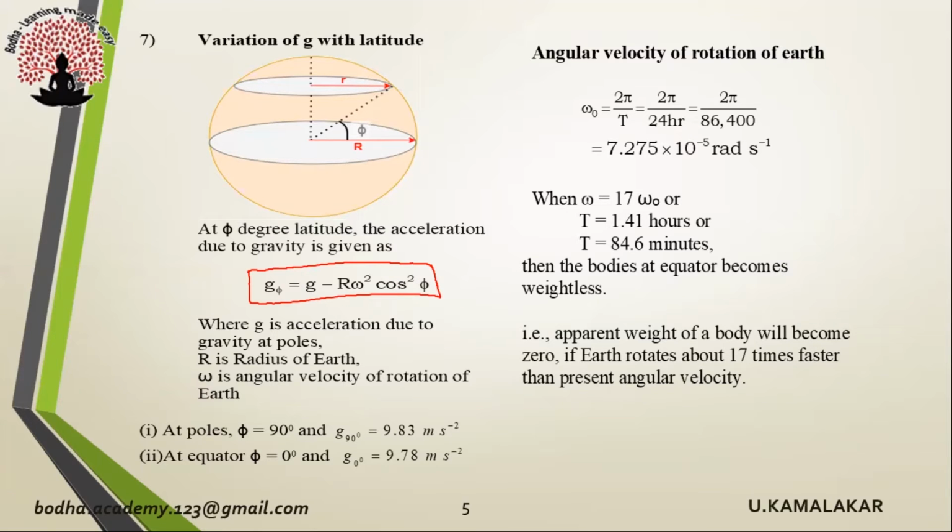Angular velocity of Earth is given as 2π / T. As time period is 24 hours, angular velocity of rotation of Earth is given as 2π / 24 hours. If the angular velocity becomes 17 times present angular velocity, then the apparent weight of body at equator will become 0.